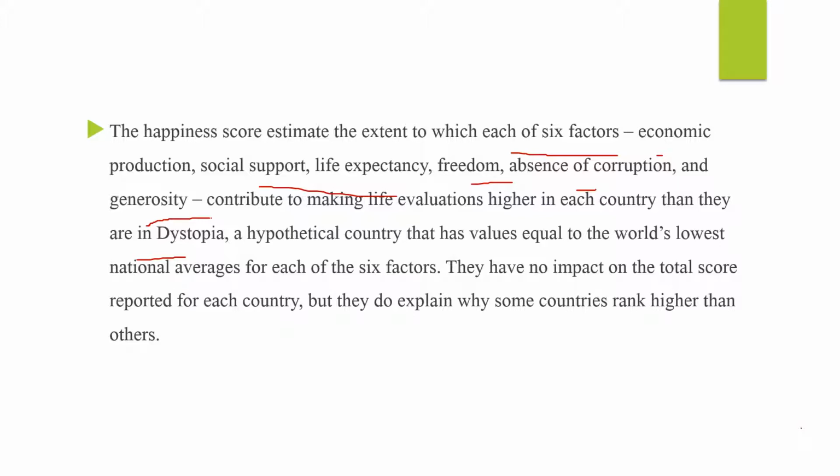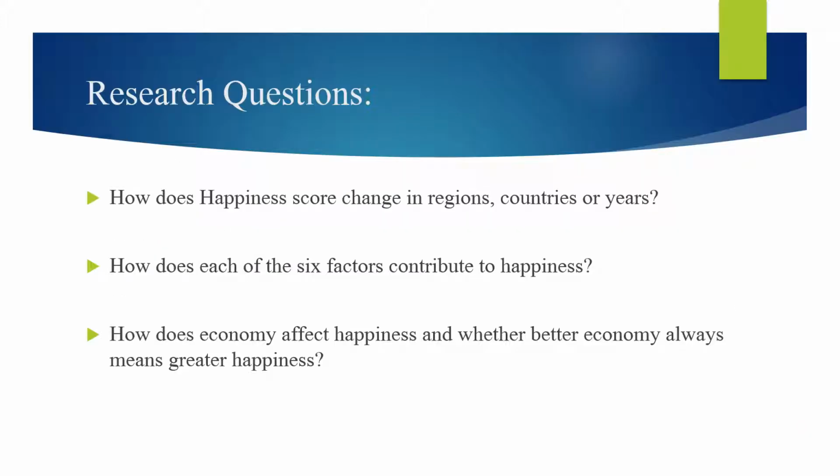Dystopia is the country where imagine it has the world's lowest average for each of those 6 factors. They have low impact on the total score reported for each country, but they do explain why some countries rank higher than others.